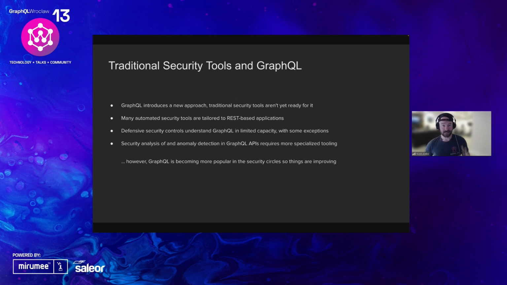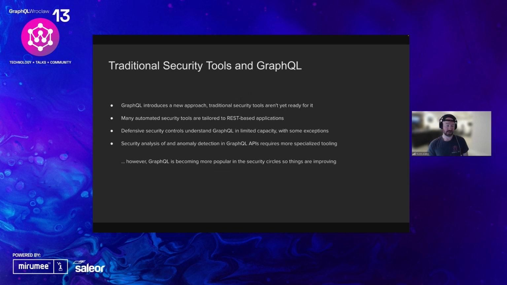As developers, we rely on these security controls to protect our applications, and we need to think of ways to change them or adopt new security tools. If we also look at some of the anomalies that pop up in the data we gather, GraphQL puts a lot of the power into the consumer or the client, allowing them to batch requests, use aliases, et cetera, which makes it really hard to uncover what kind of requests are being sent to our applications.